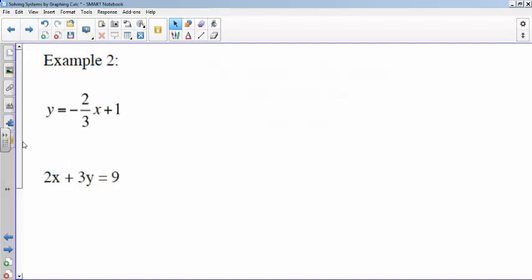Here we have y equals negative 2/3 x plus 1, and we have 2x plus 3y equals 9. The first equation is good to go because it's already y equals. The second equation is not. So I want you to take that equation and go ahead and get the y by itself.